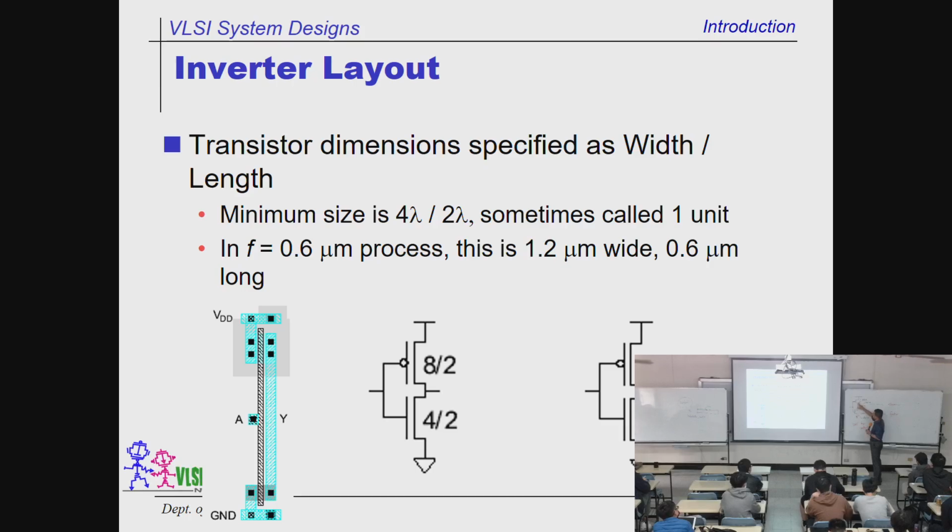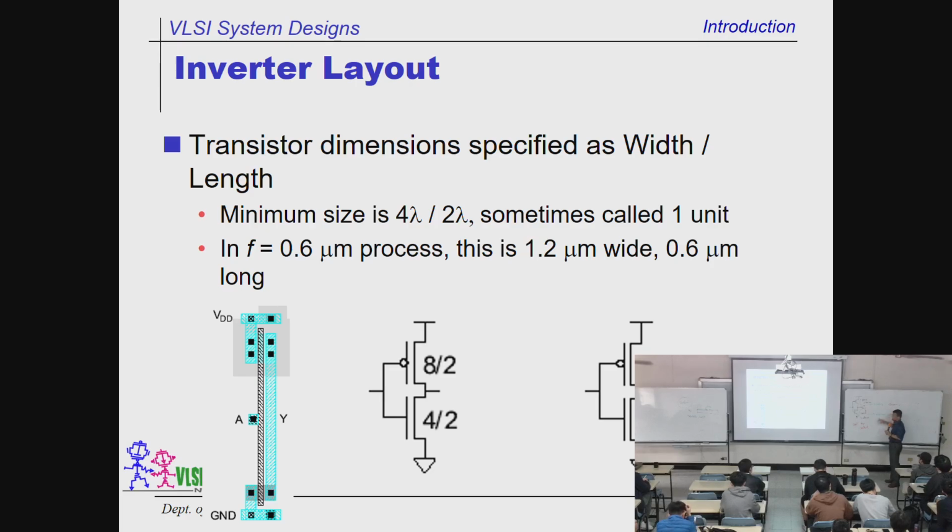When this one is on, we are going to send the current from the top to the middle. This is the load. When this one is on, this is off, and we're going to discharge everything on this capacitor, the load. If you want to equalize the delay of these two operations, one charging and the other discharging, you have to think about that.